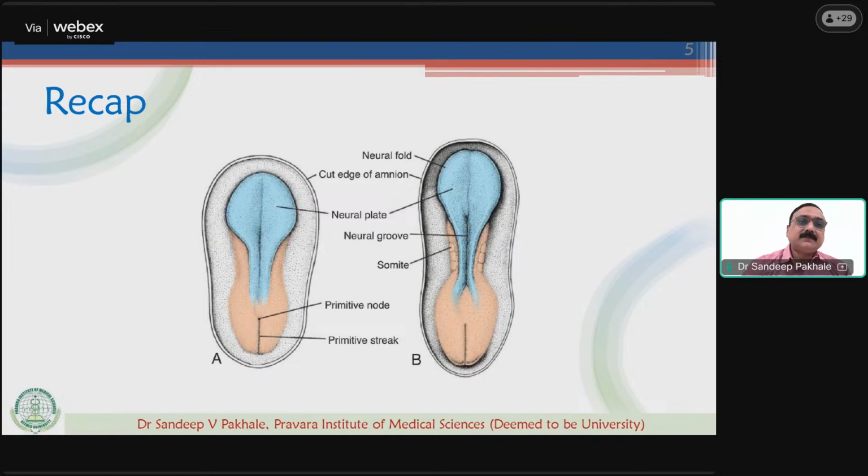So you can see here the notochord. The neural plate starts to invaginate to form the neural groove, with elevation of neural folds on either side.